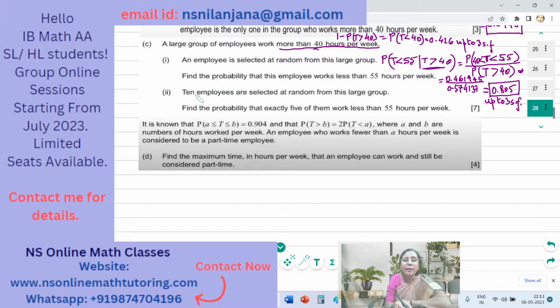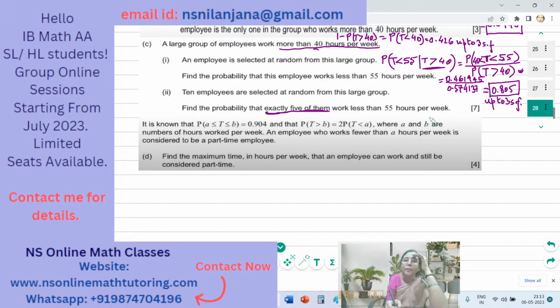Now coming to II. 10 employees are selected at random from this group. Which group? Who are working for more than 40 hours but are working less than 55 hours per week. So this is also a case of a conditional probability. Find the probability that exactly 5 of them work less than 55 hours per week.